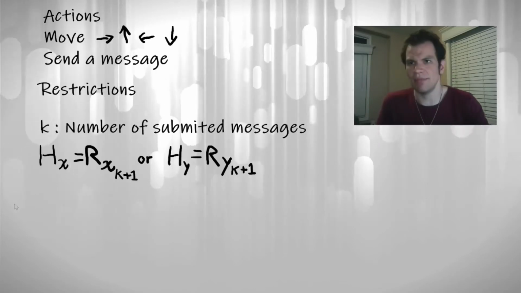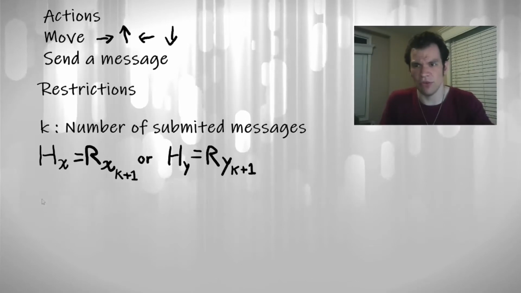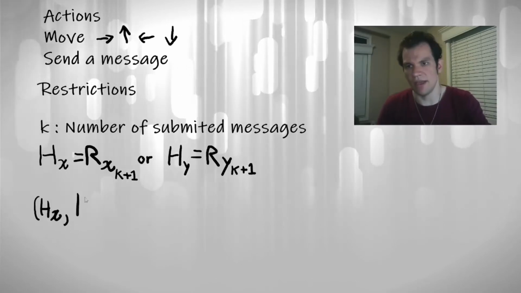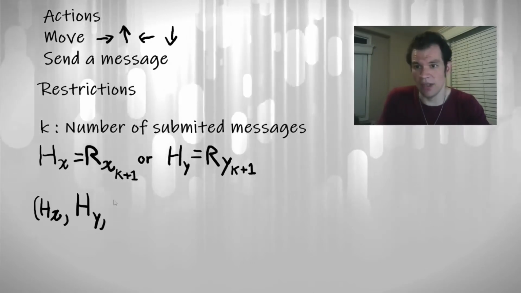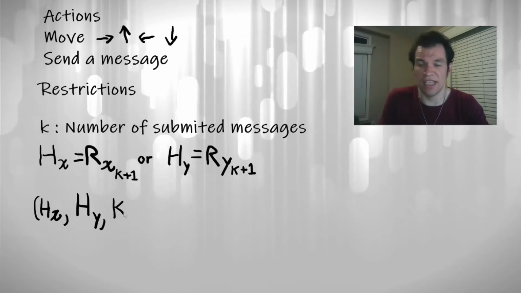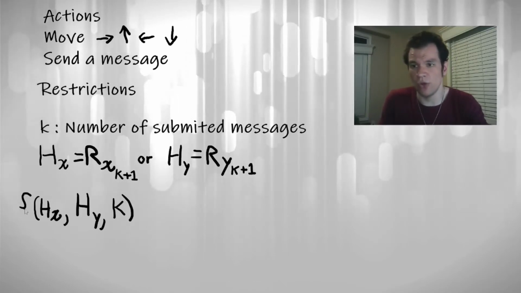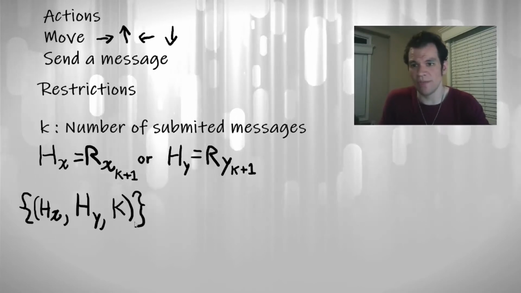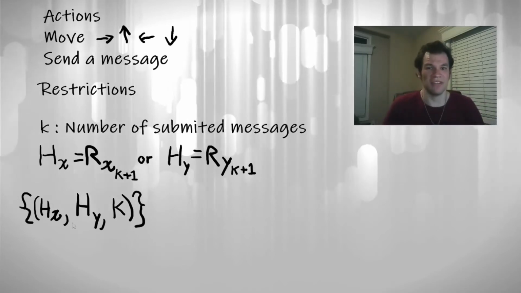With this in mind, we could think the state variables could be the X position of Hermes, the Y position of Hermes, and the number K, that is the number of delivered messages. And we could think of this as our state space, these triplets of numbers.